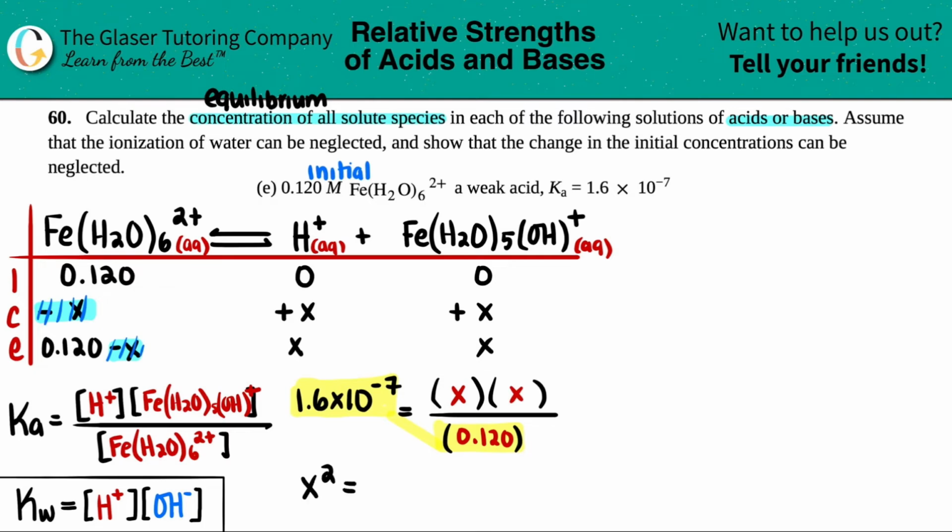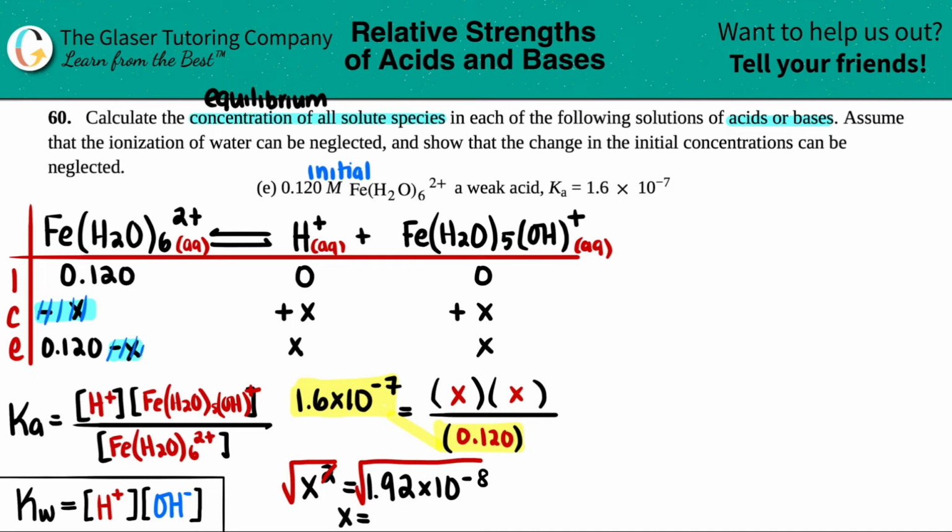And then let's see what we get. 1.6 times 10 to the negative 7th times 0.12. So I'm not going to round just yet because that's not my final answer. 1.92 times 10 to the negative 8th. Take the square root because we just want to find out what X is. X equals square root of that.